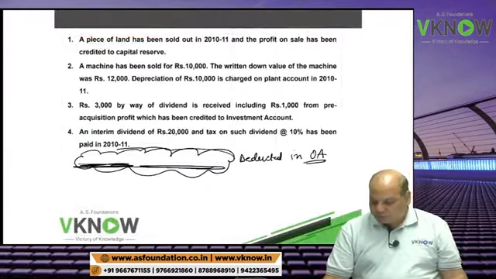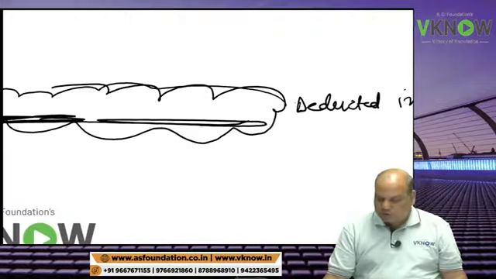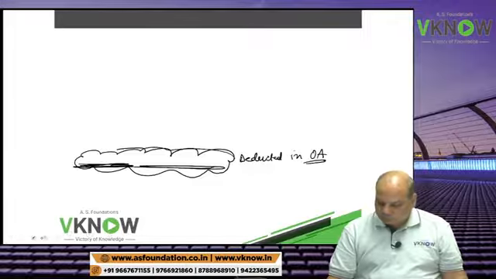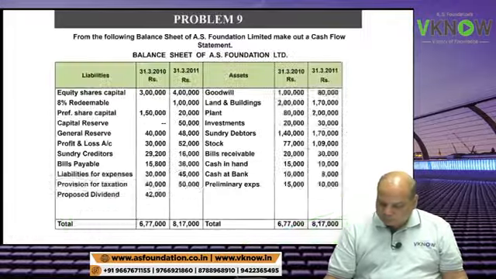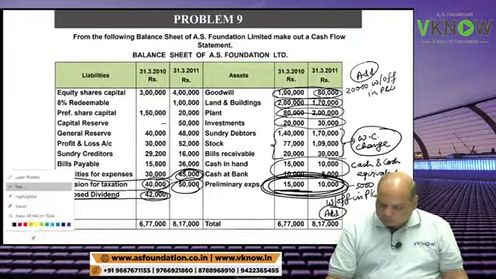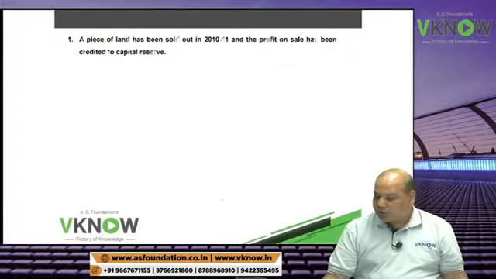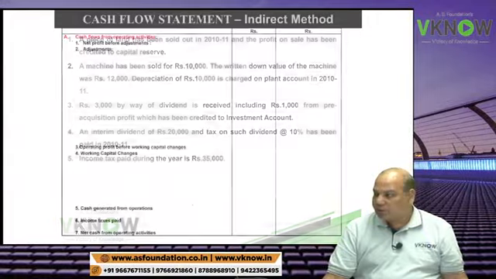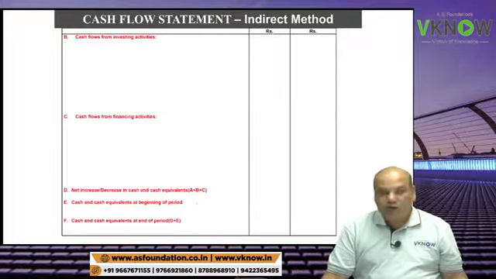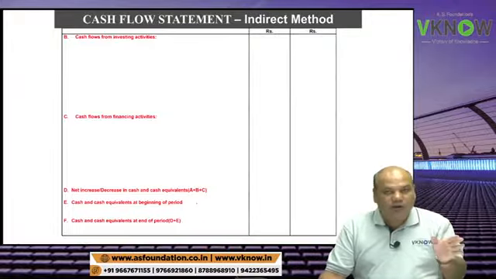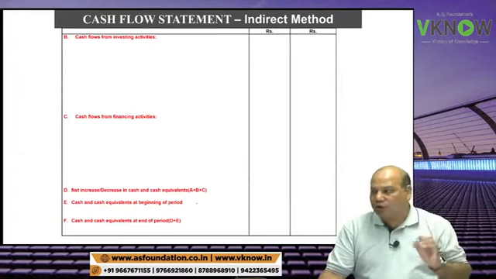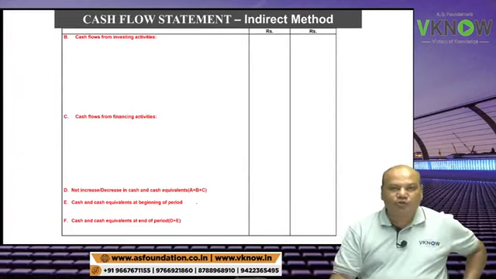In this question we have one opening balance sheet. Share capital 3 lakh versus 4 lakh. Nothing is given about equity share capital in the problem. If nothing is given and it has increased from 3 lakh to 4 lakh, what can we assume?